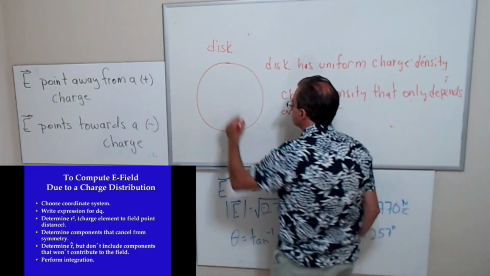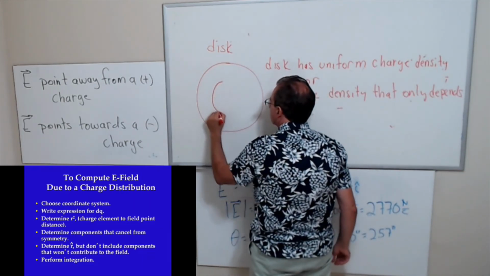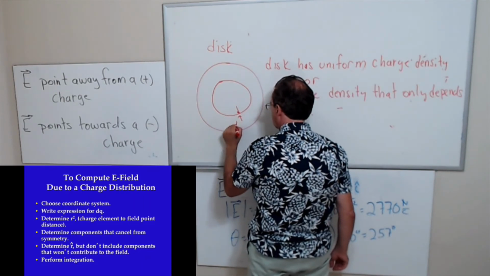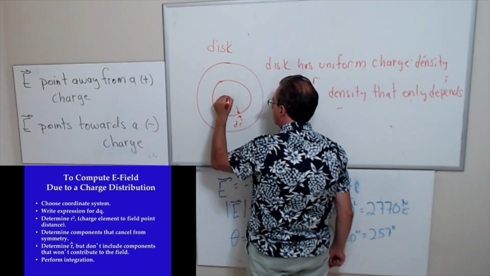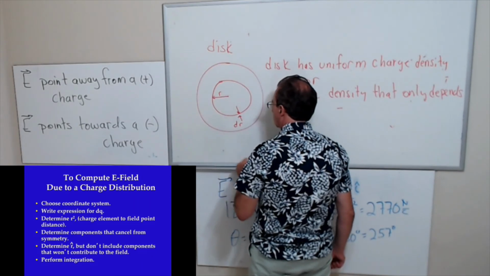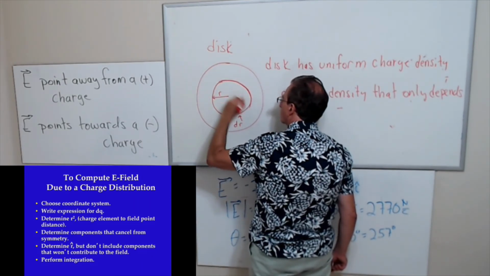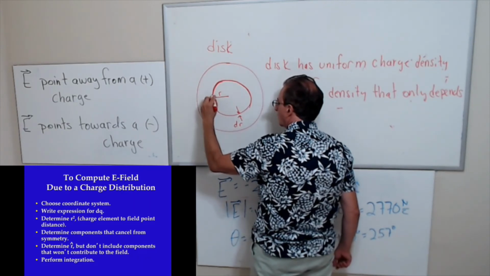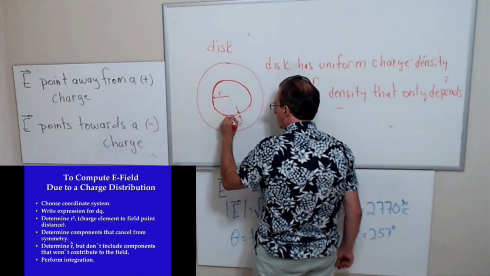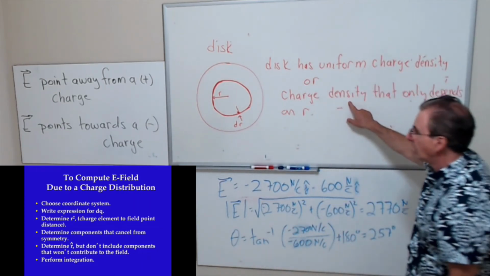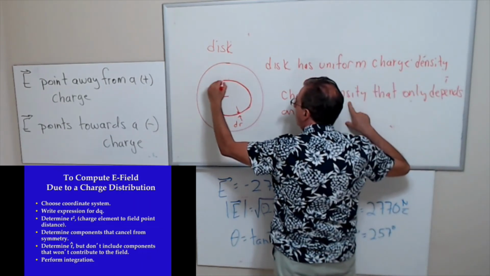Well, I'll break it up into rings of thickness dr and radius r. If the charge density is uniform and only depends on r, the charge density is going to be the same all the way around.